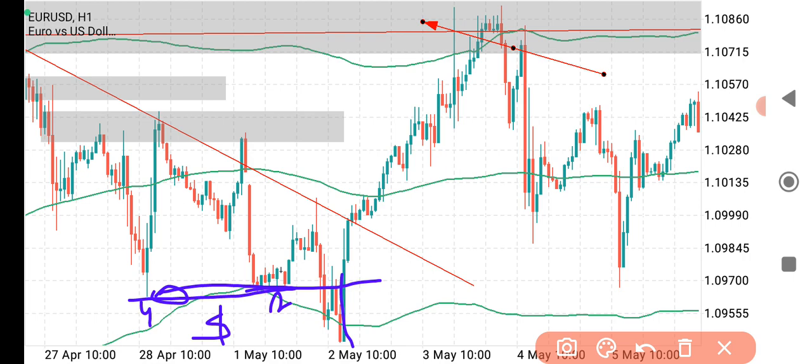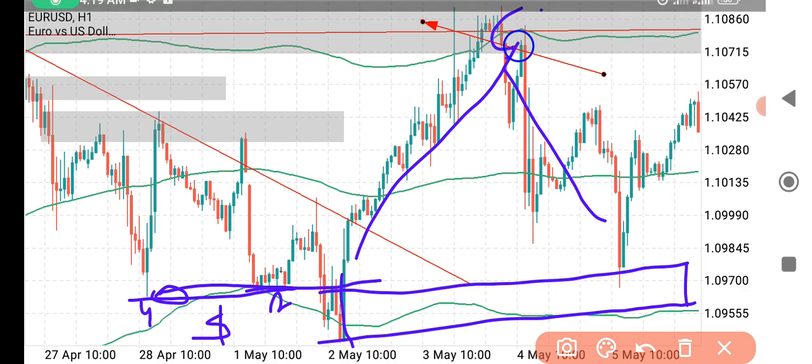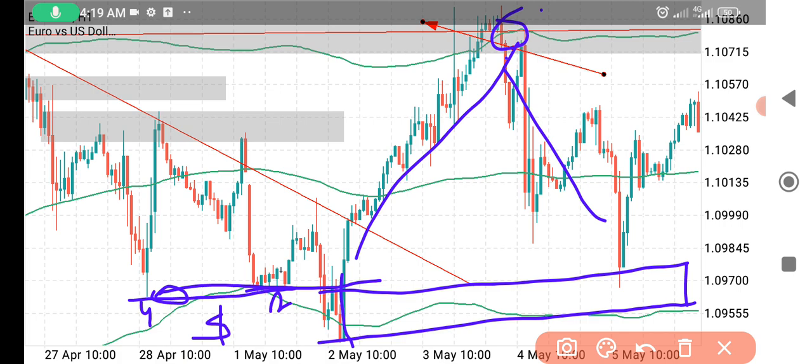So I know that price will definitely go up and return back to mitigate this candle of mine that took away the liquidity. So I have bought back using my double bottom from here up here, and then I sold again from this particular resistance level down.